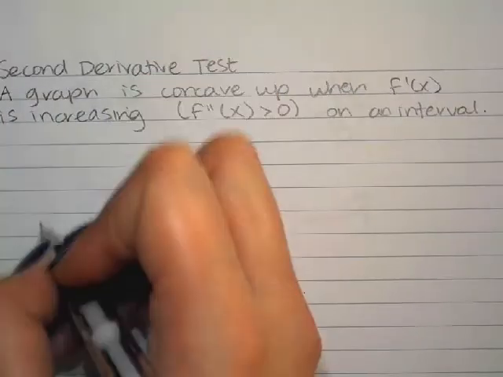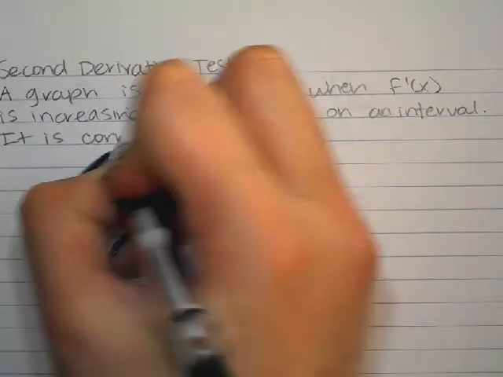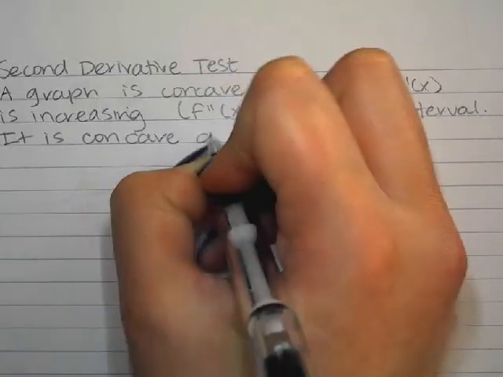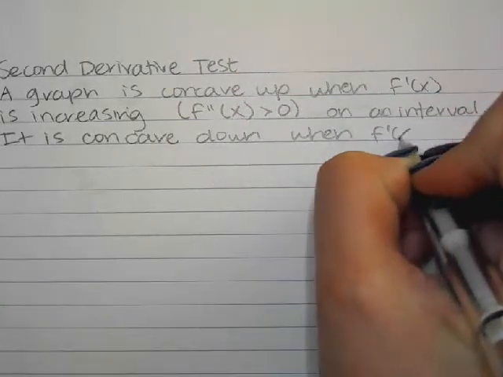It is concave down. Sorry. There we go. I can read it. It is concave down when f prime of x is decreasing.